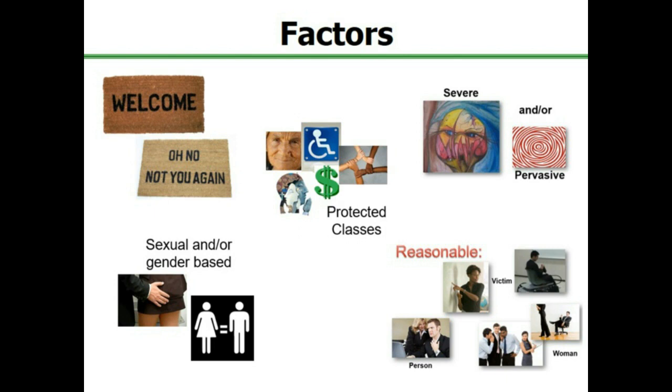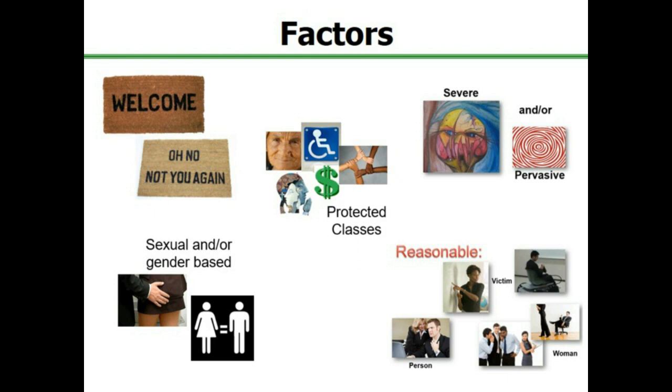This slide got a little skewed, but I want you to skip over to the upper right, because then you have to figure out, and this deals only with harassment, not bullying, was the alleged harassment severe and or pervasive enough that it interfered with the individual's ability to do, in this case, her job, and create a hostile work environment based on a reasonable person standard.